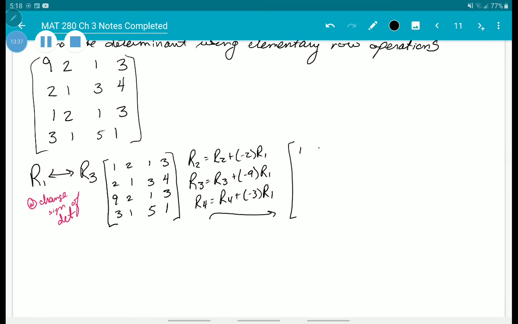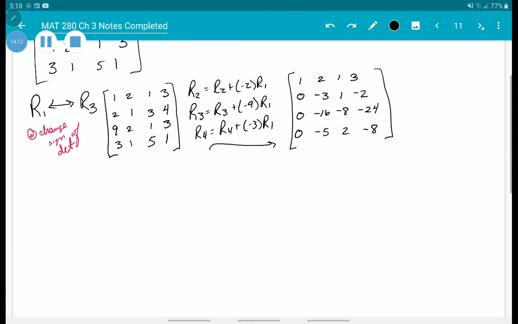First row stays the same. And there's our matrix. So now we want to zero out those entries.